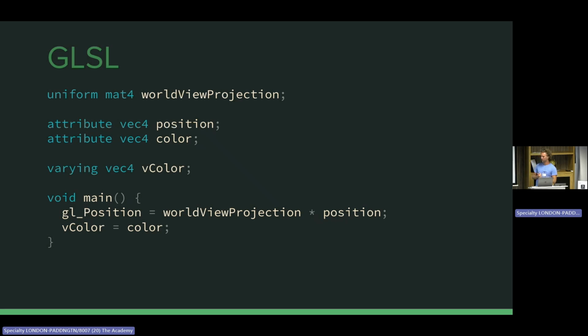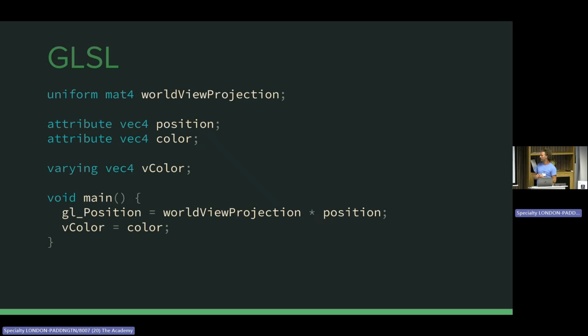GLSL. Now just a quick comparison between the two shader languages. Actually, yes, the language has completely changed, but it's not that big a shift. A lot of the things, if you're just looking at the shaders, appear to be cosmetic. We define uniforms, which are the global parameters that are set across the whole program.